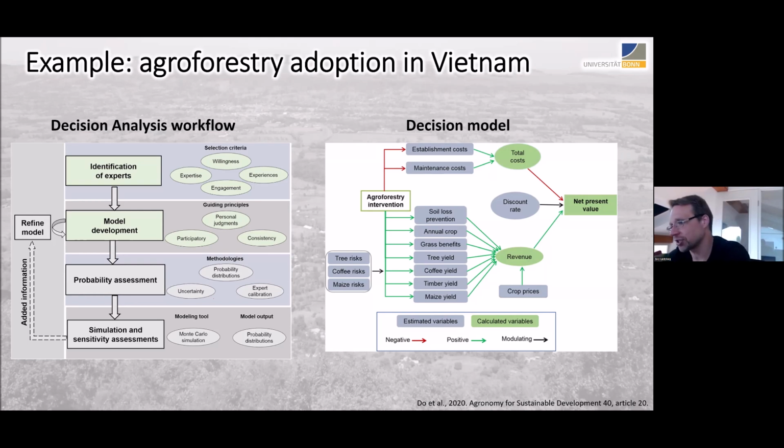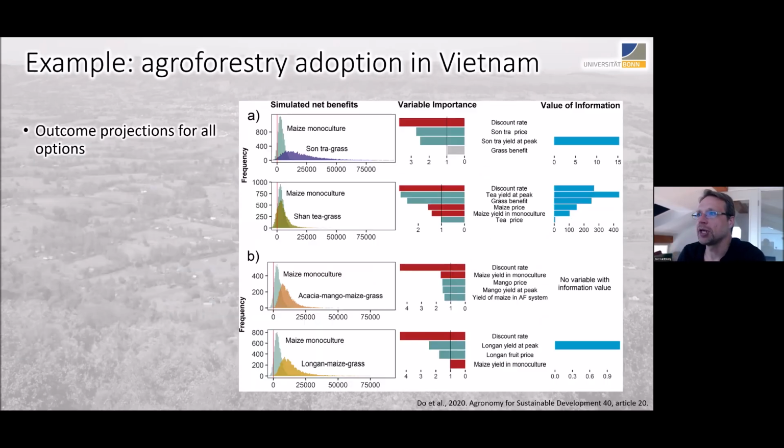Trees may fail for some reason, or the weather may not allow a harvest of a particular crop at a particular time. These kind of things, of course, also need to be factored in. But if you do all of this and add all of this up, you get to the so-called net present value of a decision, which is then a nice way of evaluating whether something is feasible or not. And here are some outcomes. I don't want to go into too much detail here.